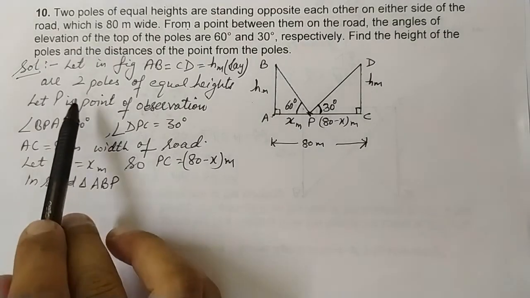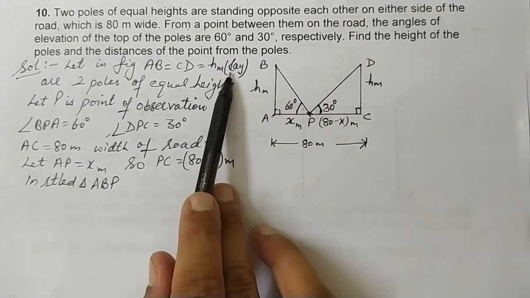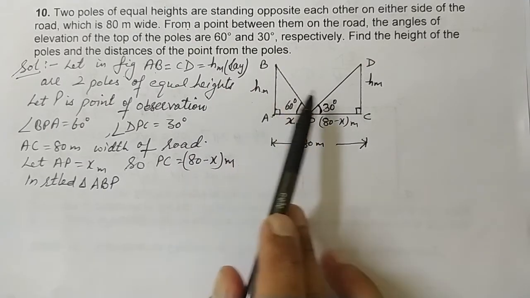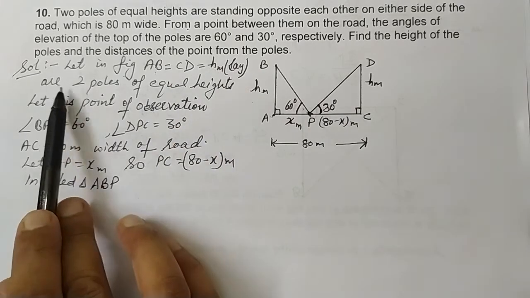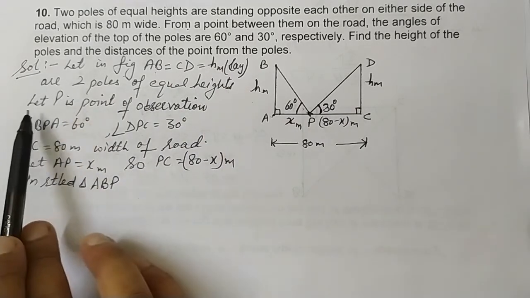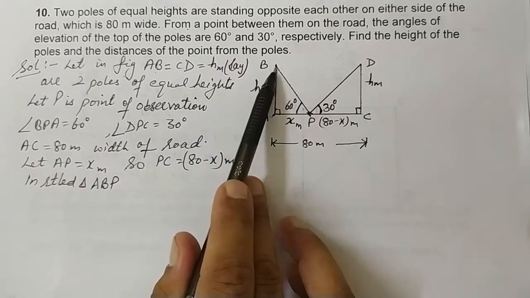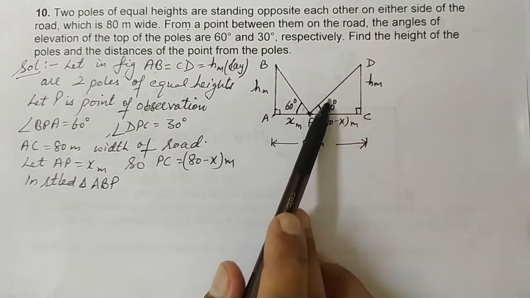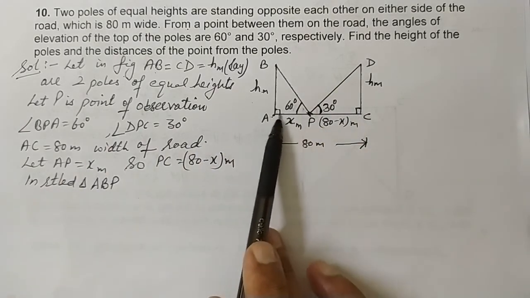Let in the figure AB is equal to CD is equal to h meters. Let the height of these poles be h meter, as two poles of equal heights are given. Let P be the point of observation. So angle BPA is 60 degree, angle DPC is 30 degree. AC is the 80 meter wide road.